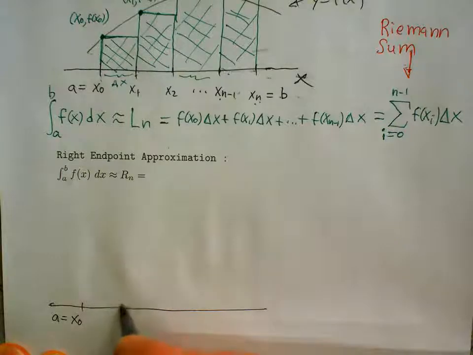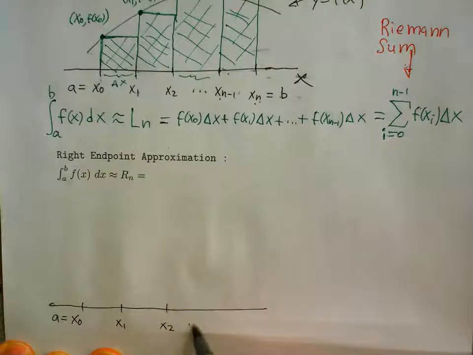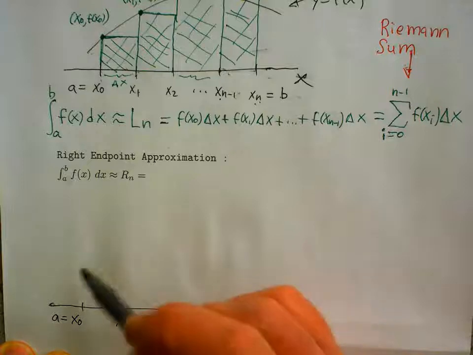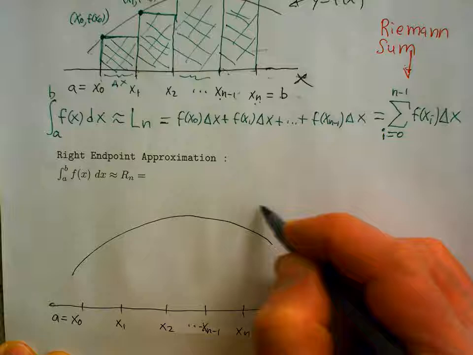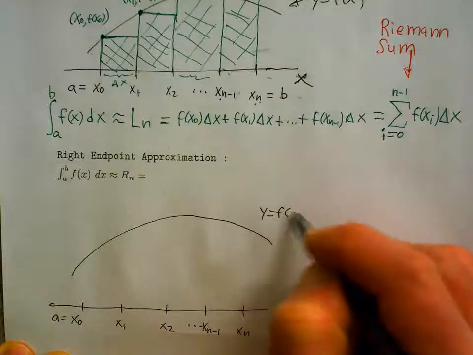This time we use right endpoints of subintervals to determine the height of the rectangles. So we have y equals f of x again.